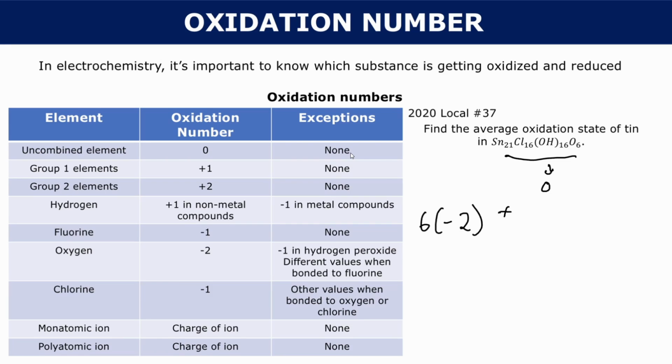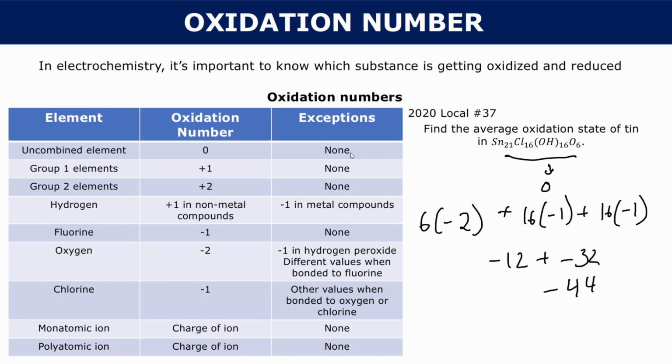OH is a polyatomic ion, and it has a charge of -1. So let's add that charge. Chloride is a monatomic ion. It has a charge of -1. So we have 16 times -1. And if we add all this up, -12 plus -32, so we have -44.